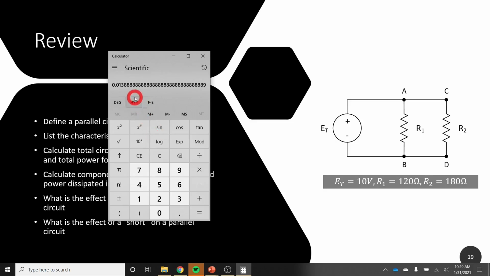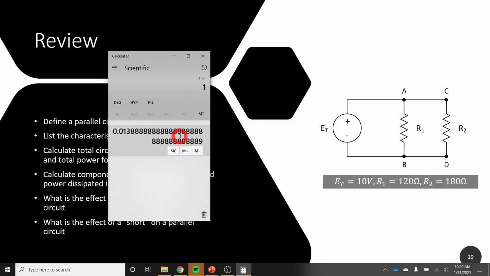Okay, but then I want to take the reciprocal of that. Okay, so I am going to store that in my memory, and then I'm going to say 1 divided by that value.